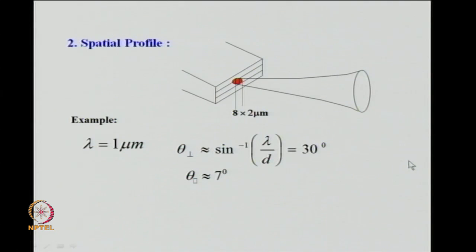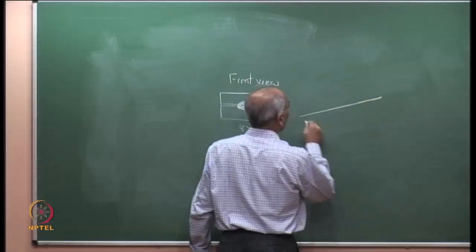The beam is coming out, far field means diffraction has taken place, and therefore the beam cross section is elliptical like this, and in this direction it is theta perpendicular, that is the angle of divergence. So, if I show in 1D, the beam is coming out like this.